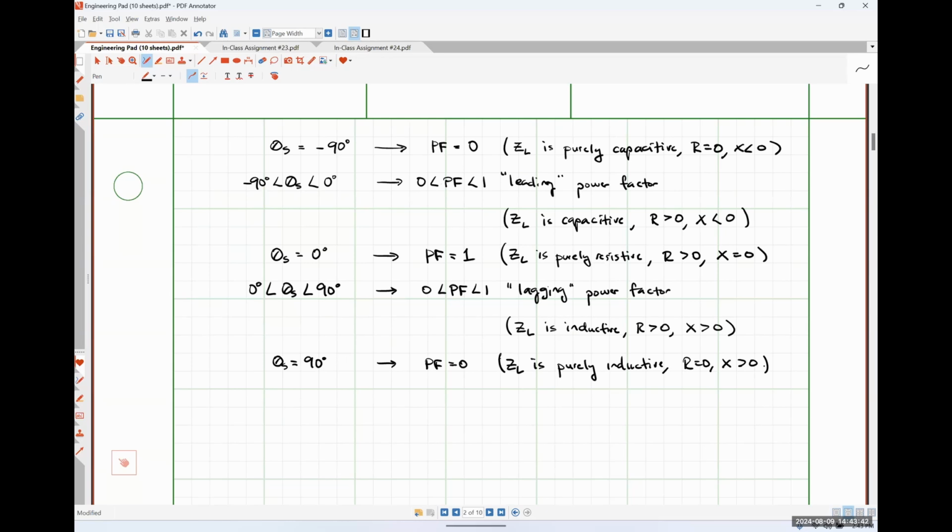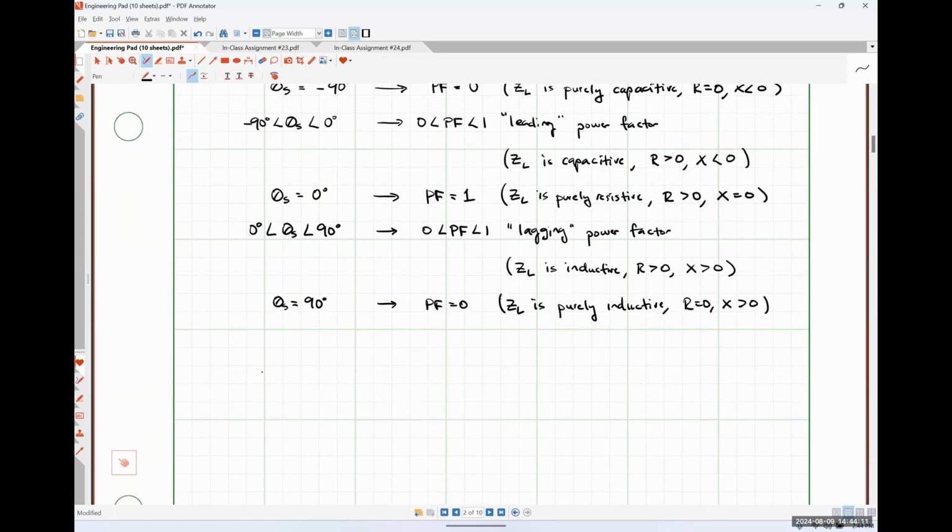Back when we introduced the concept of impedance, impedance expressed in rectangular form consists of a real part, the resistance, and an imaginary part, the reactance. That imaginary reactance has a symbol of X. So when I say ZL is purely inductive, that means that for an inductor, just as a quick aside here, I'll erase this in a minute, j omega L is the impedance.